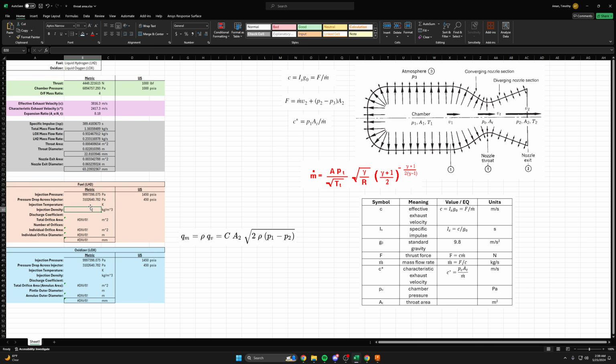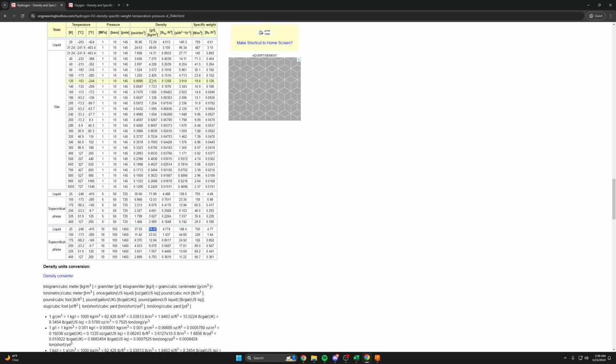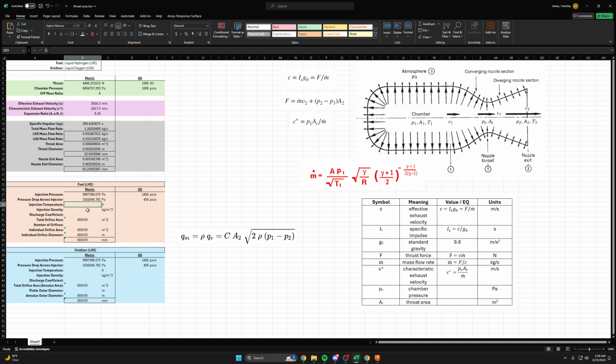So with that, let's find our densities for both our fuel and oxidizer. Here's liquid hydrogen at 25 Kelvin. The density is 76.47 kilograms per cubic meter. Plug that in.